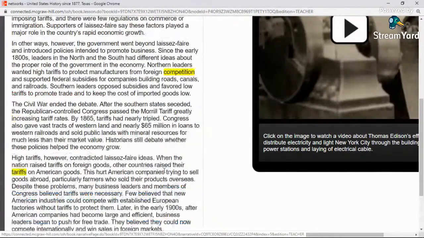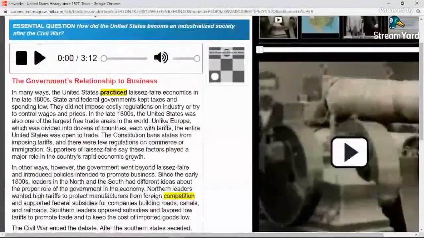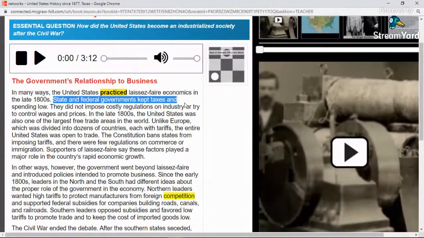So you can kind of see what you think is the best system. But you need to understand both of them, because this is going to be important for US history. Because what is the government's relationship to business? In the 1800s, the US was very much into laissez-faire. The taxes were low, also spending was low.